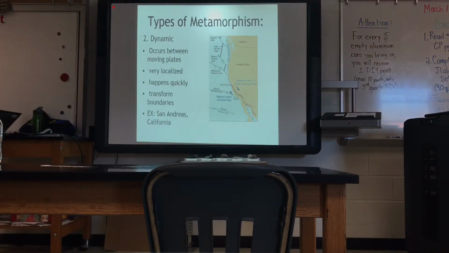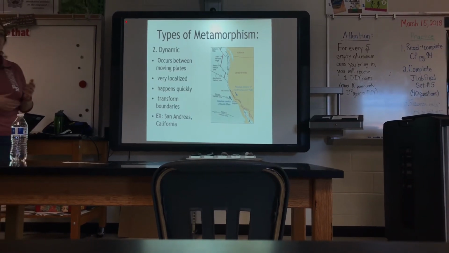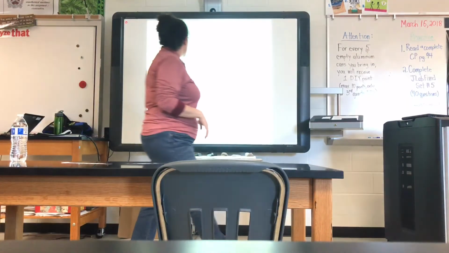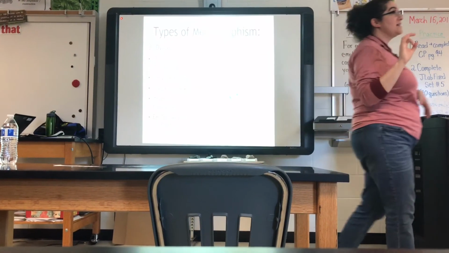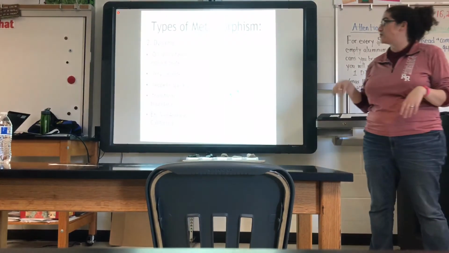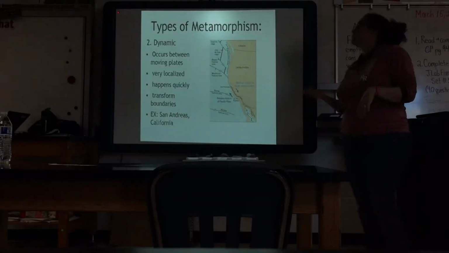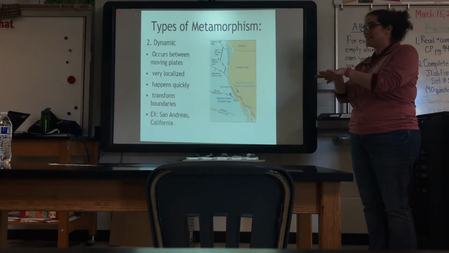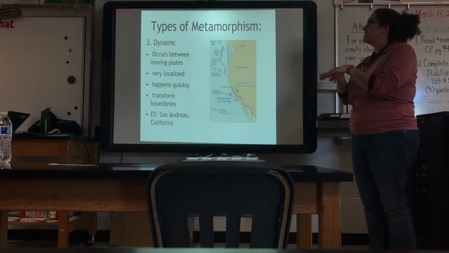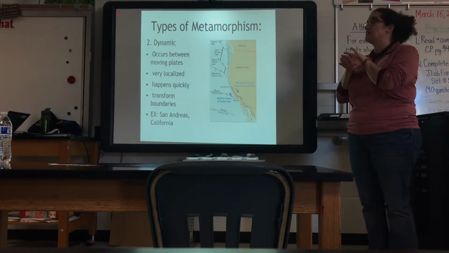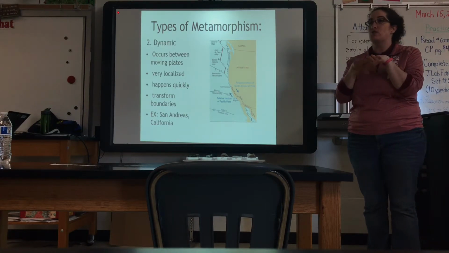So then the next type, that was regional metamorphism, takes place over a large area. Dynamic metamorphism is different because it is going to be uniquely positioned to only happen at transform boundaries between moving plates. So as plates slide past each other, they are going to release a lot of pressure and create friction, which creates heat.